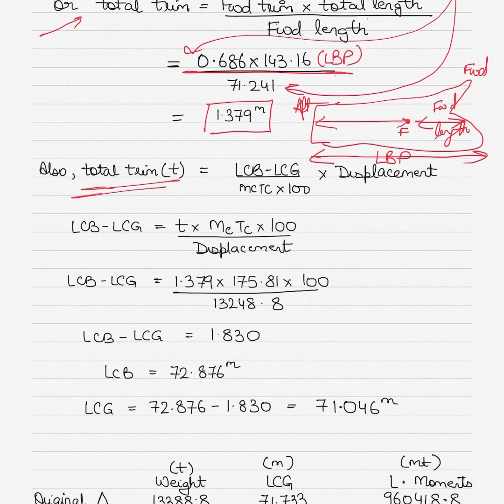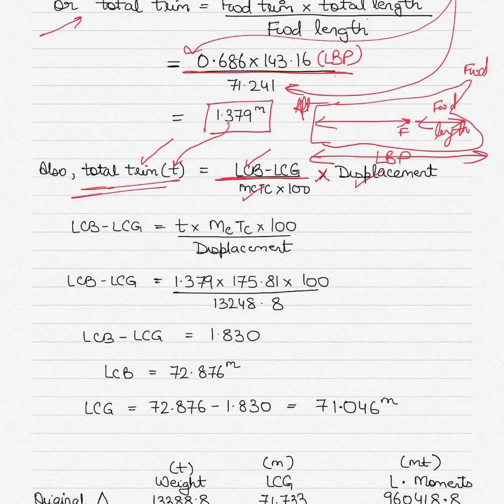Also, total trim is equal to LCB minus LCG divided by MCTC multiplied by 100, multiplied by displacement. Now you don't know your LCG value, so it will be found by the formula, because you know your total trim from here, you know your final LCB value, you know your final MCTC value as well as the displacement value.